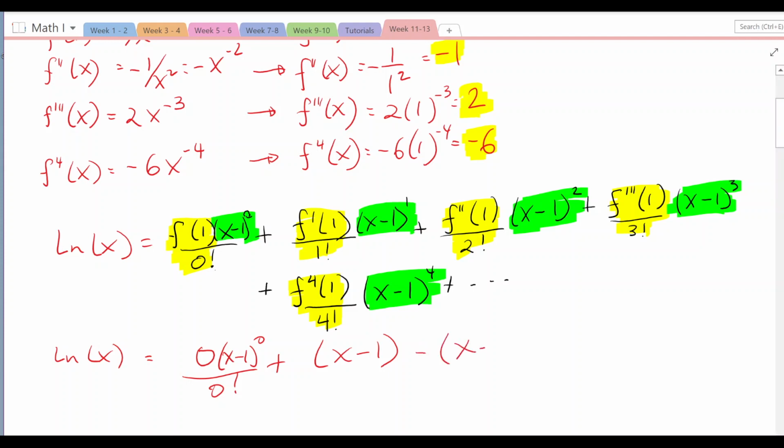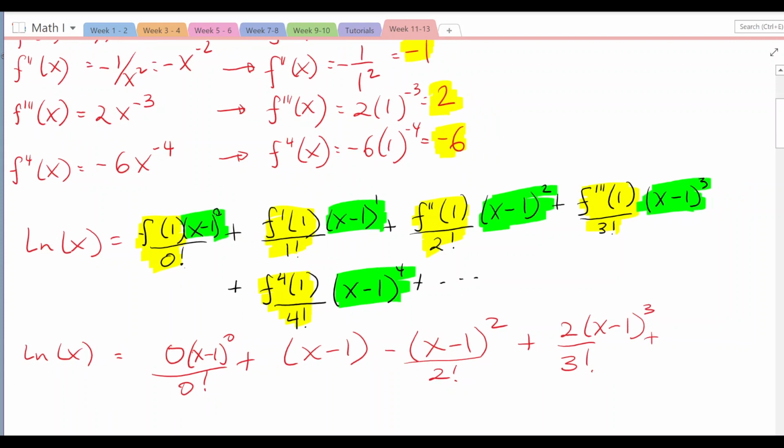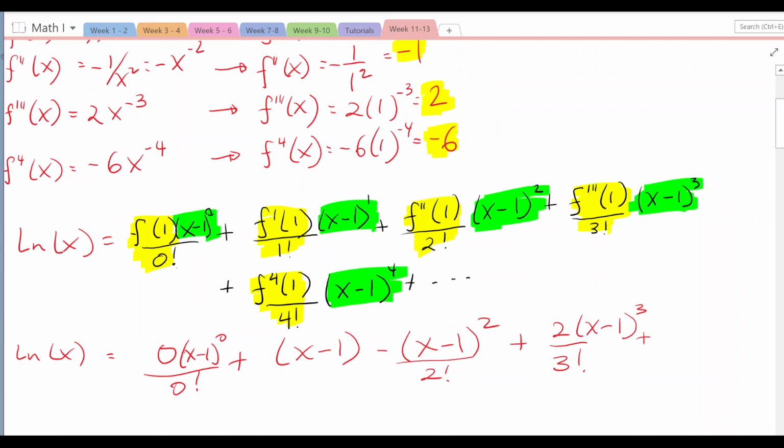Negative of x minus 1 to the power of 2 over 2 factorial is 2. I should write down 2 factorial, and then the next term, the third derivative is positive 2. That gives us positive 2 divided by 3 factorial times x minus 1 to the power of 3, and then I think we can squeeze in our fourth derivative, which is negative 6.